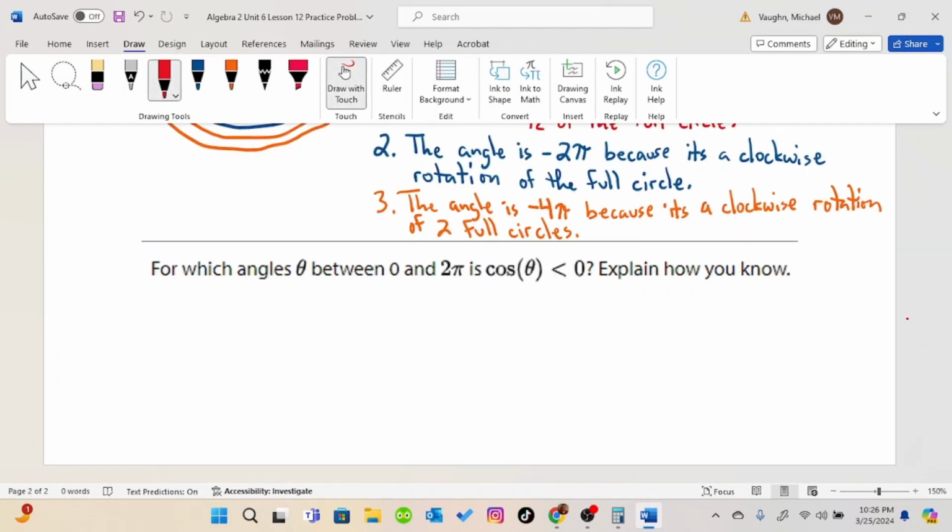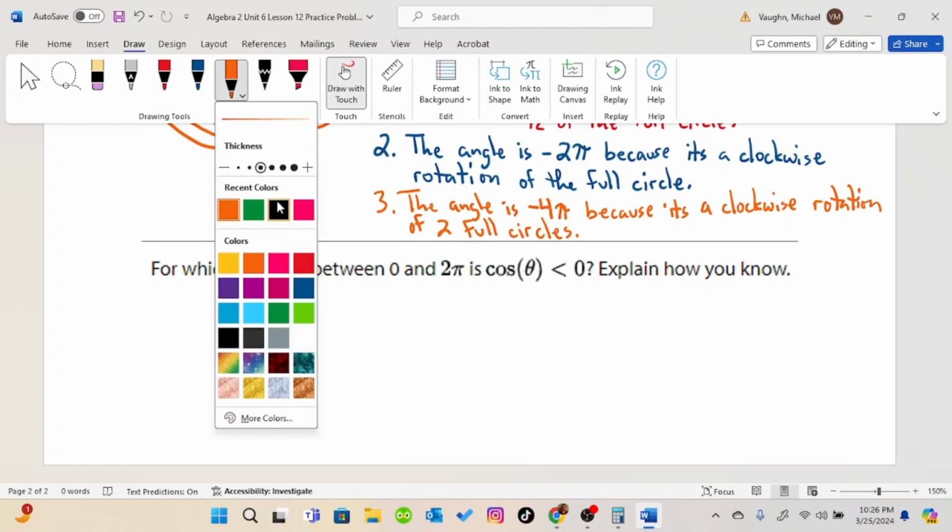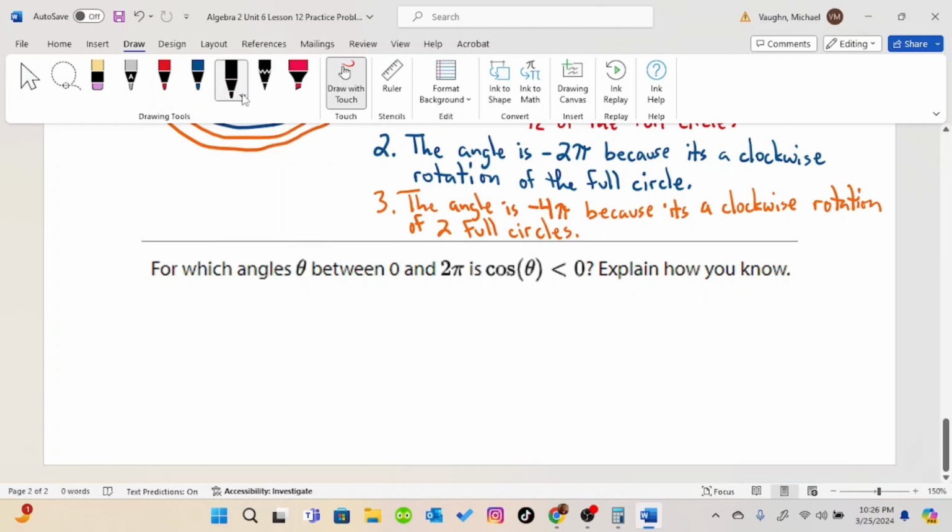For which angles theta between 0 and 2 pi is cosine theta less than 0? So to show this one, I'll draw the unit circle.